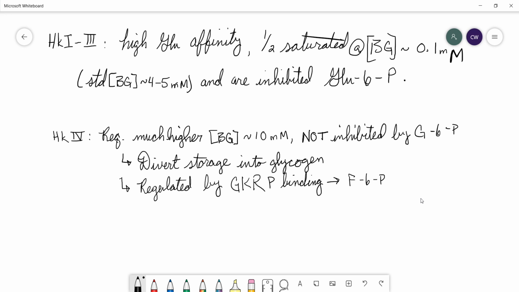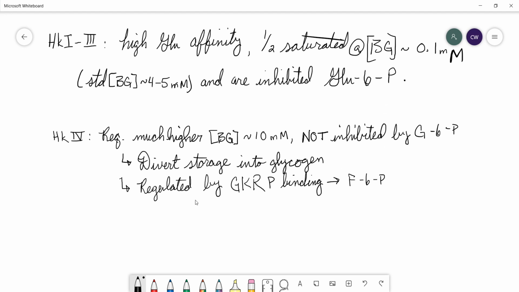So in situations where the cell has enough energy, it's got plenty of glucose 6-phosphate, the hexokinases 1 through 3 have shut down. Hexokinase 4 is still churning away, right? But the cell is going to have a lot of fructose 6-phosphate sitting around because it's going to convert glucose 6-phosphate to fructose 6-phosphate.